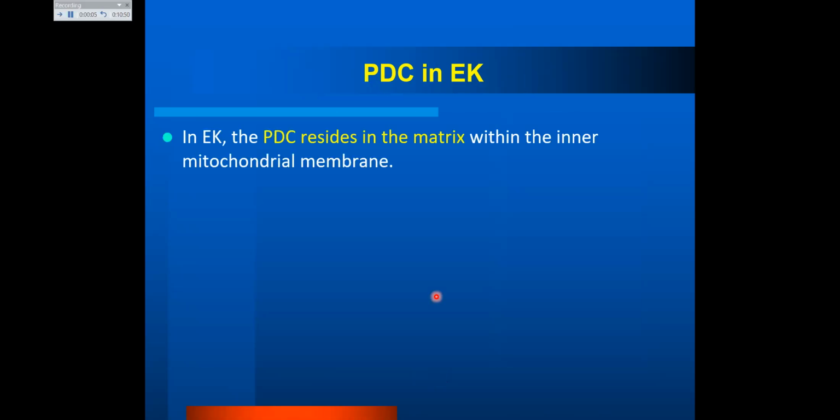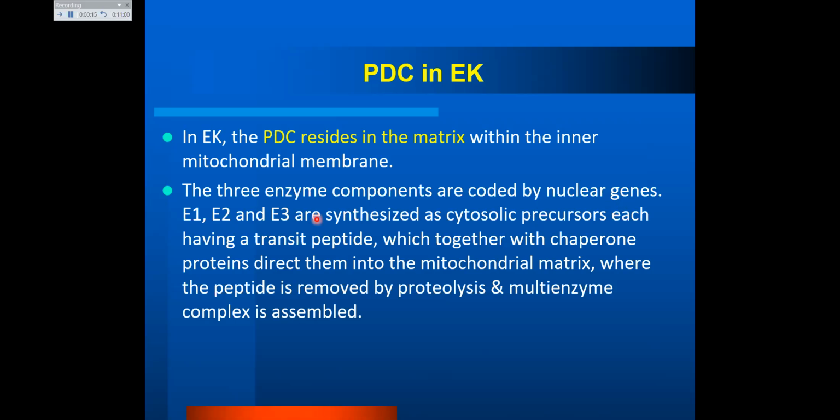Let us discuss the case of eukaryotes. In eukaryotes, PDC resides in the matrix within the inner mitochondrial membrane. The three enzyme components are coded by nuclear genes. E1, E2 and E3 are synthesized as cytosolic precursors, and each of them has a transit peptide which, together with chaperone proteins, directs them into the mitochondrial matrix, where this peptide is removed by proteolysis and the multi-enzyme complex is assembled.